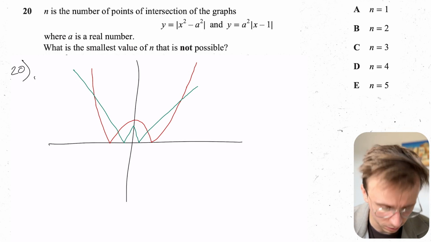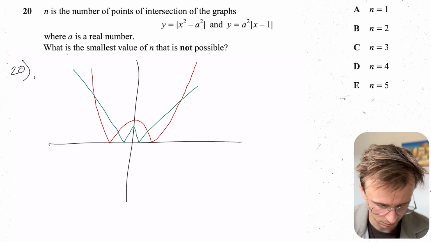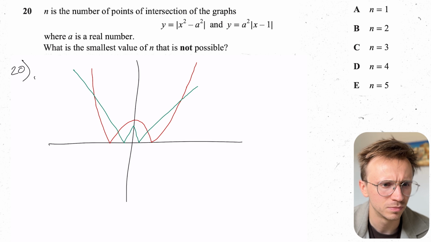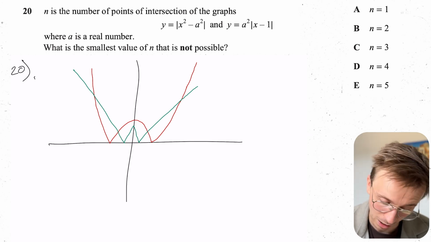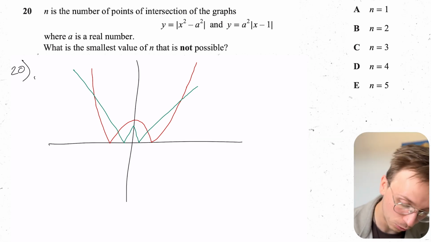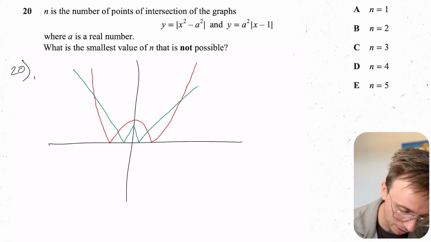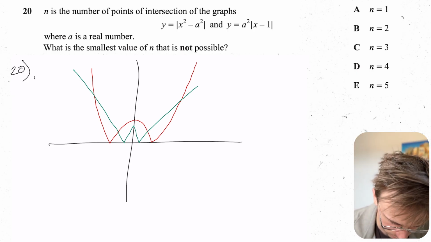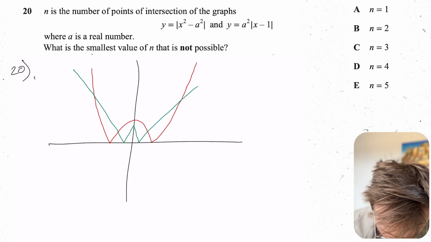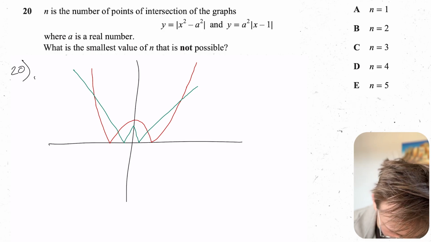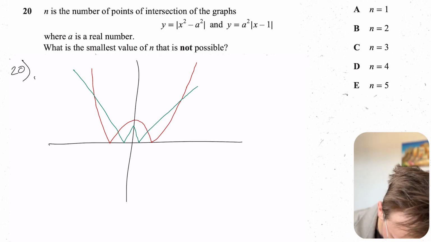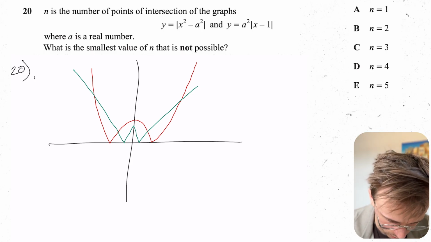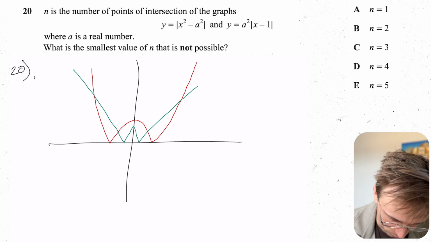So 4 is definitely possible. I've got that they're all possible. Oh, maybe it's, oh, so 5 is possible, but maybe a lower number isn't possible. Is 3 possible? 5 is possible because if I get it to just touch the top, that's possible. 3 possible.